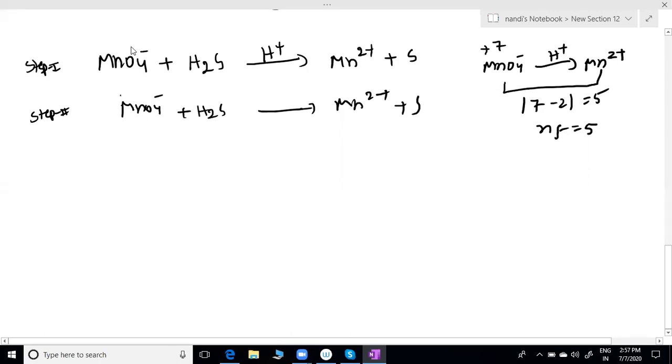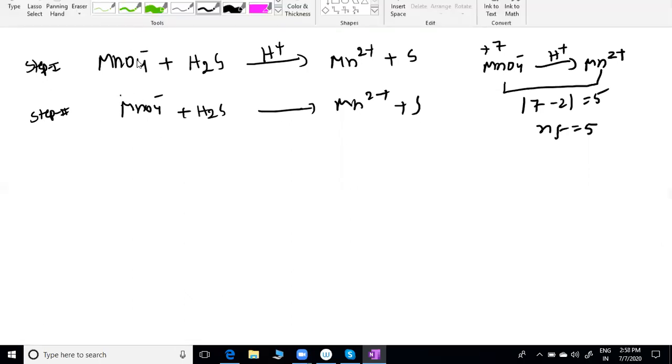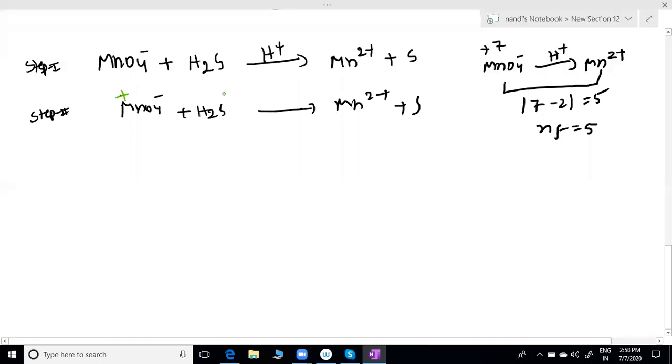How much here? Plus 7, right? Plus 7 to plus 2. Any element in uncombined state, how much is the oxidation state? 0. So the n factor is always 5 here. The n factor of H2S is 2. What is the next step?